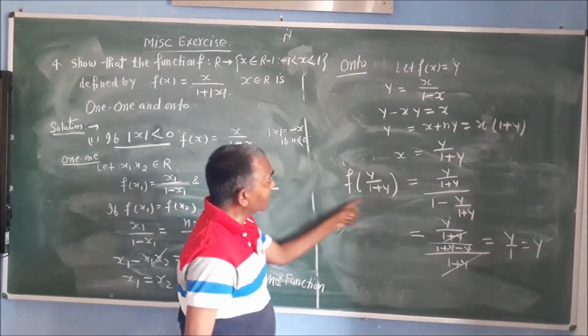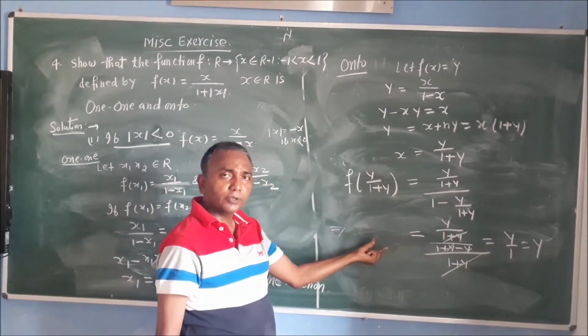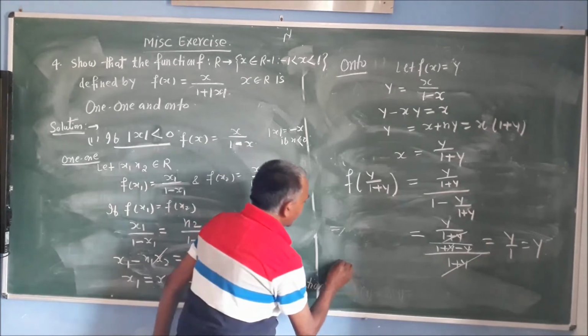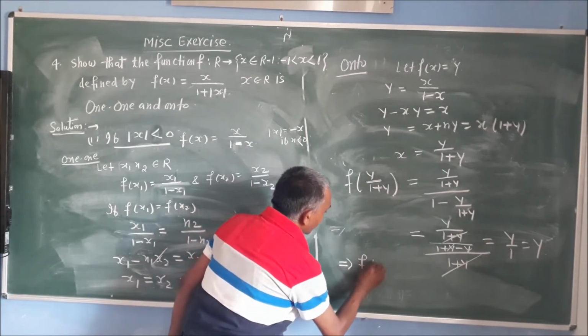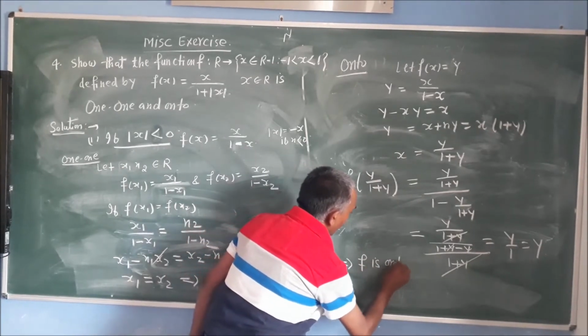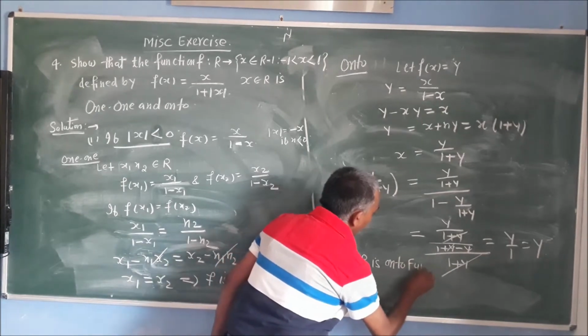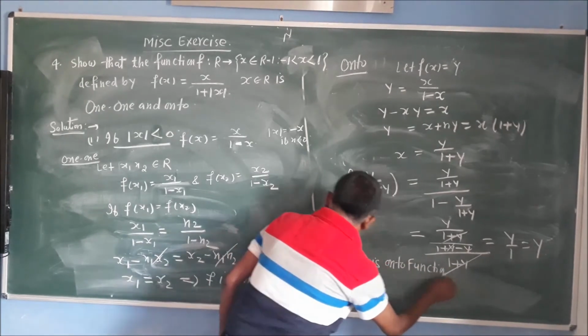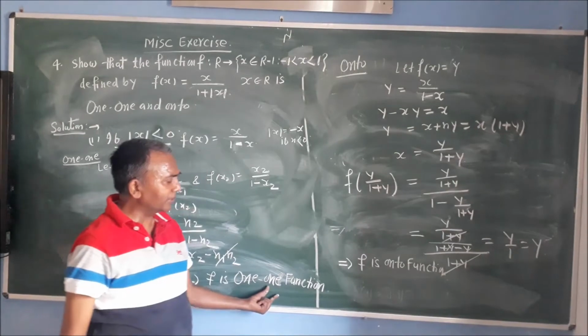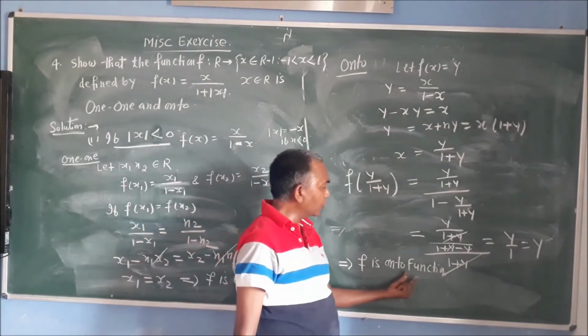So we have shown that f of this is equal to y. What is its meaning? This means f is an onto function. See here, what we have proved: f is one-one, and f is onto function.